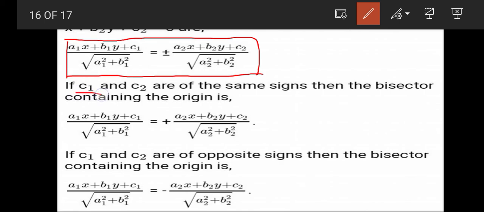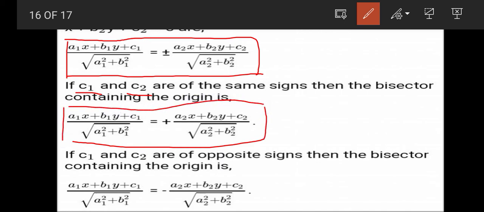If c1 and c2 are of the same sign, then the bisector containing the origin is given by (a1x + b1y + c1)/√(a1² + b1²) = +(a2x + b2y + c2)/√(a2² + b2²). If they have the same sign, then we get the positive value on the right hand side.